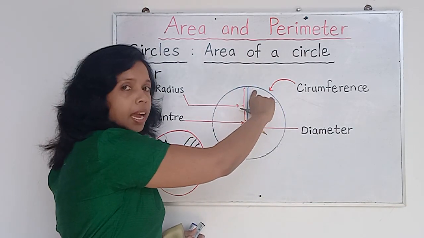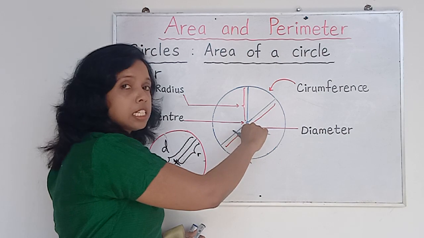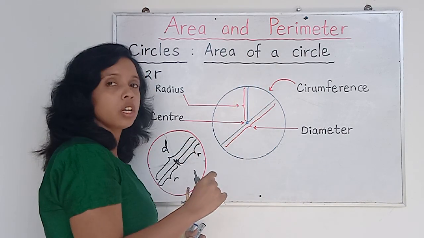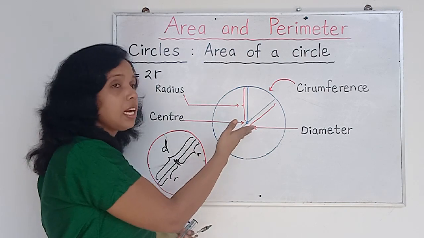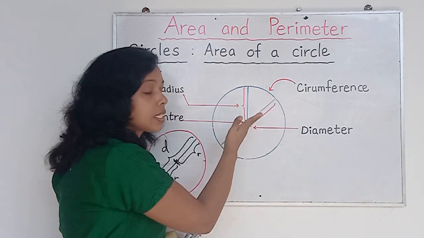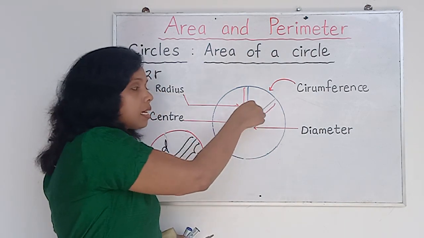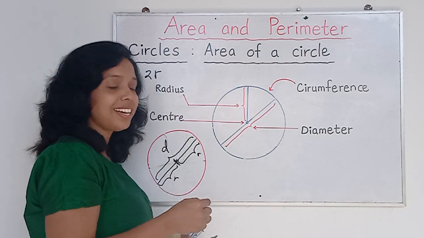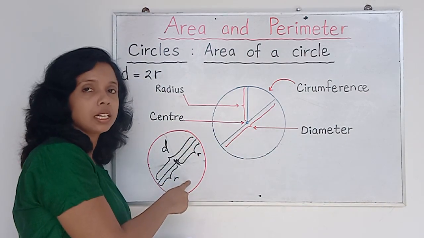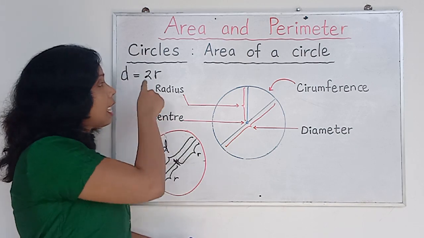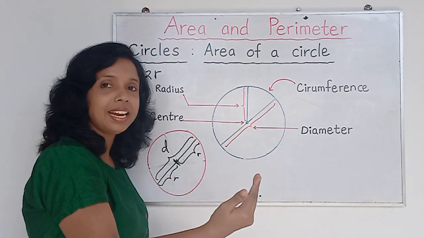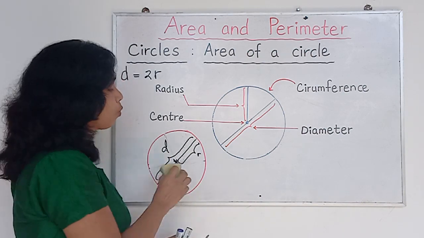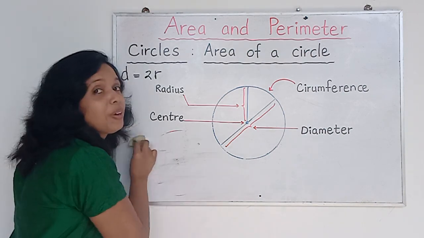Any straight line joining the center to a point on the circumference we call the radius, and a straight line across the full width of the circle through the center is called the diameter. According to this picture, diameter equals 2 times r. These are the things you want to know before talking about area.